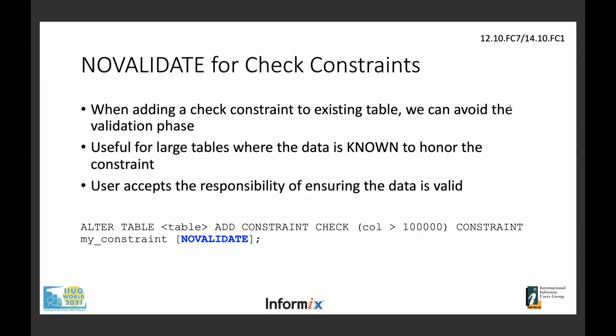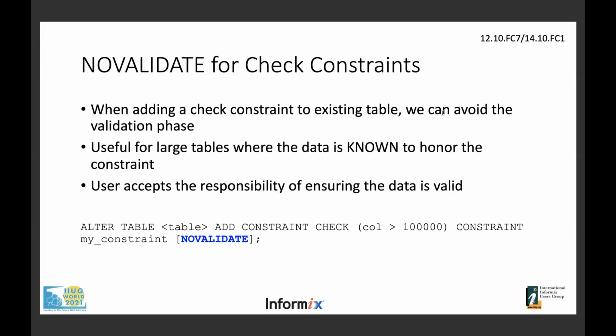So the first one is no validate for check constraints. Way back when, there was a request that when we added foreign keys, we wanted the ability to avoid the checking phase, which could take a long time on a large table. So there was framework already in the product for that kind of thing. And so eventually customers asked for the ability to do the same thing with check constraints.